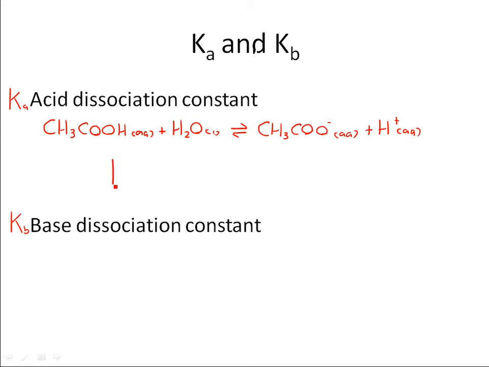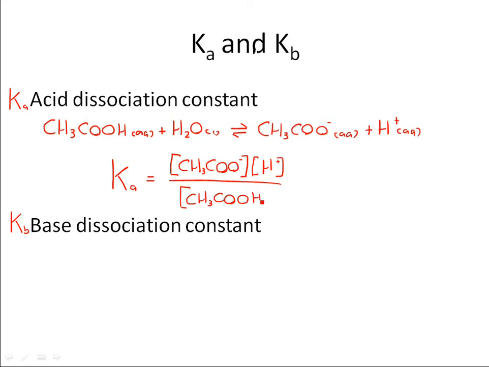Now to write an expression for Ka, you put the products on the top, which is the ethanoate ion and the H+, and on the bottom you put the weak acid. So in this case it's ethanoic acid. You don't have to put the water in there. So that's the expression for the Ka of ethanoic acid.